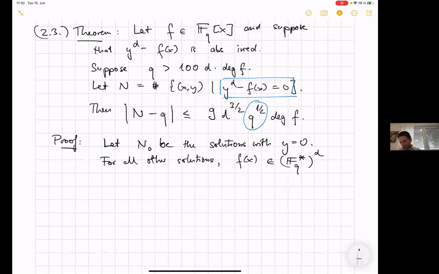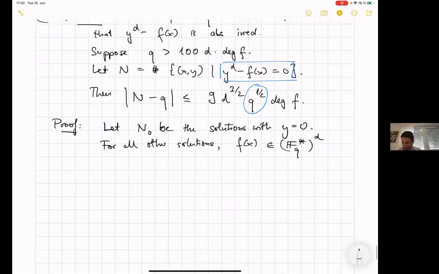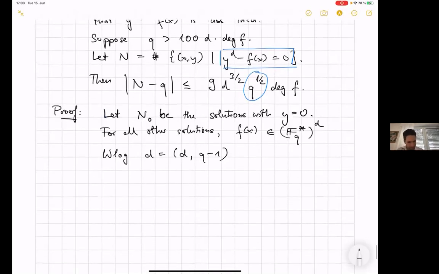So the d does not mean a Cartesian product, it means a dth power. And since the multiplicative group is cyclic, without loss of generality, I can assume that d equals the GCD of d and q minus 1, because if not, then the dth powers are just the same as the GCD powers.